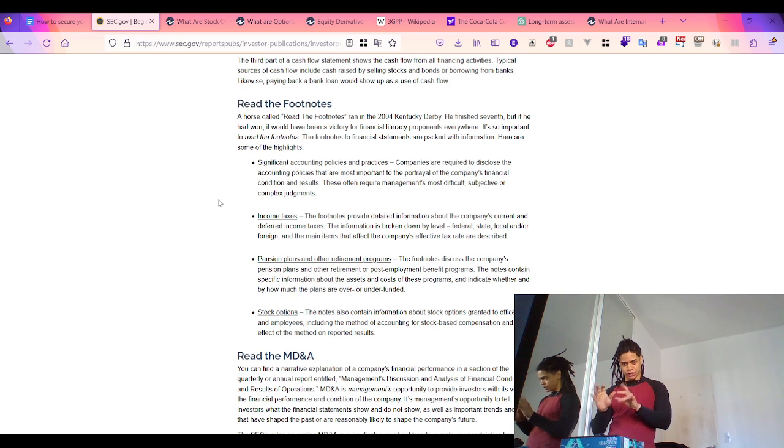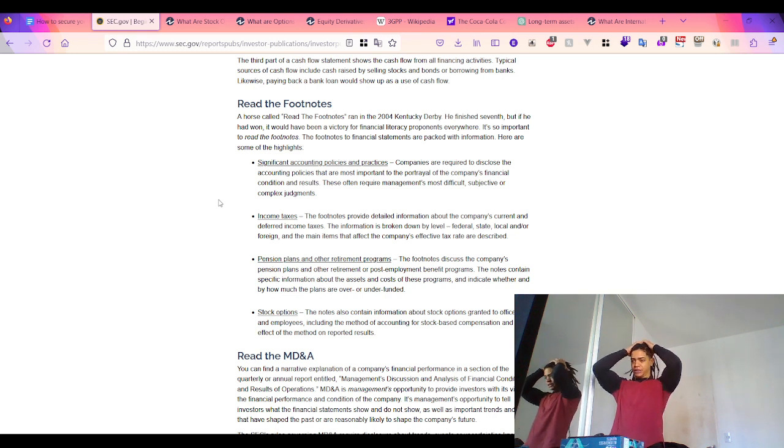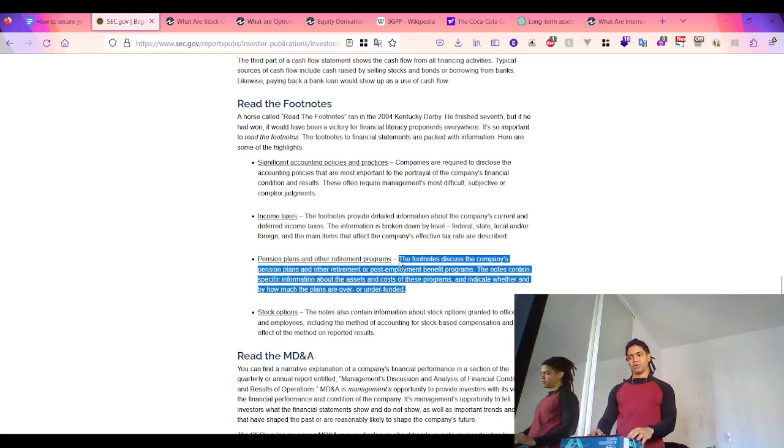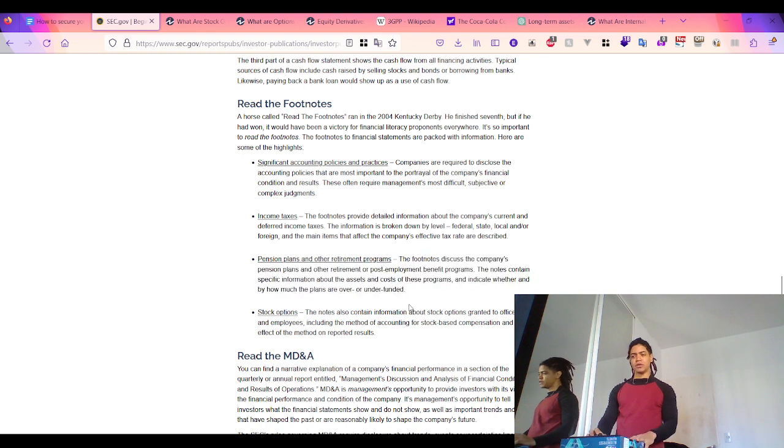This section discusses the company's pension plans and other retirement or post-employment benefit programs. The notes contain specific information about the assets and costs of these programs and indicate whether and by how much the plans are over or underfunded. Very, very important, especially if you can have access to that information.